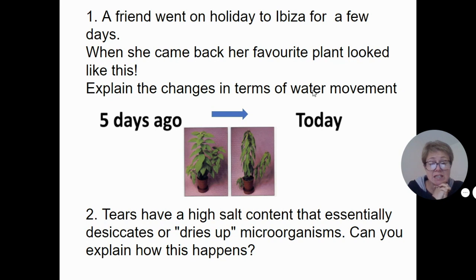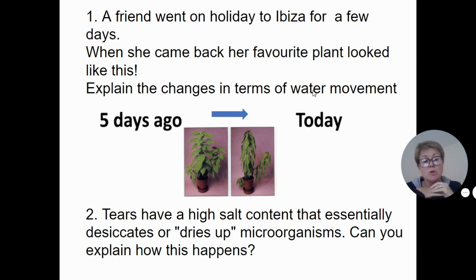And your tears, well, if tears have a high salt content, then it's a bit like putting salt on a slug. We've got a lower concentration of water and a high concentration of salt in our tears. Our microorganisms have a high concentration of water and a low concentration of salt.